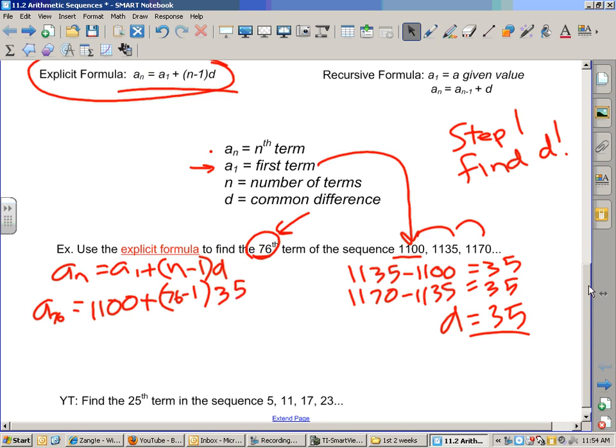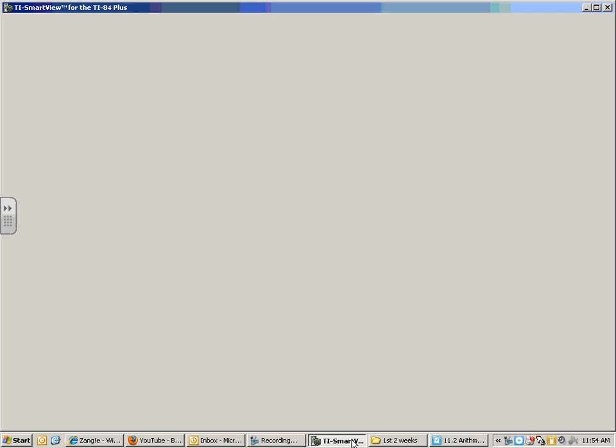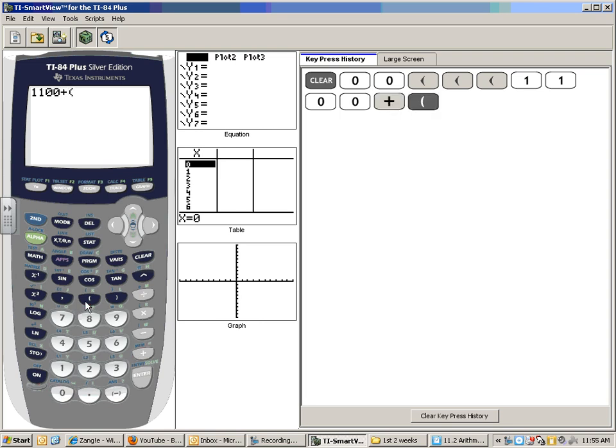All we have to do is solve this part of the equation. You can use your graphing calculator and plug in the entire equation if it comes up. So you can plug in your 1100, which was your first term. Plus, and make sure you put your parentheses. We put in 76, which was the number of terms, minus 1, just like the formula said.